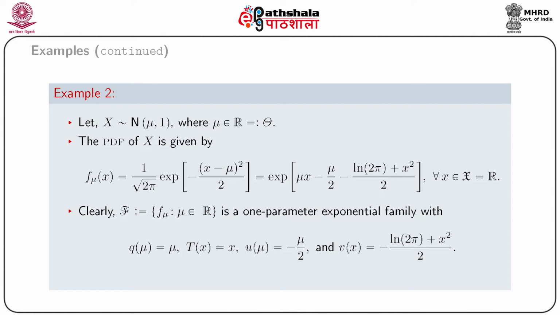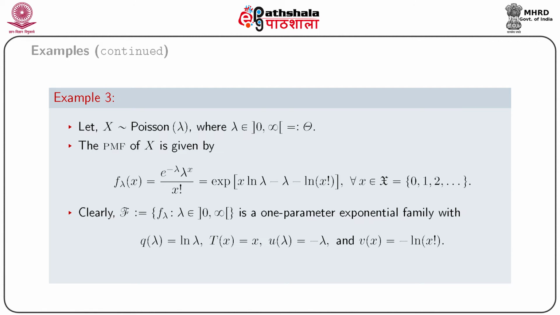If we set q mu equals mu, t x equals x, u mu equals minus mu square by 2 and v x equals minus x square by 2 minus log 2 pi divided by 2, then we see that f x belongs to one parameter exponential family.